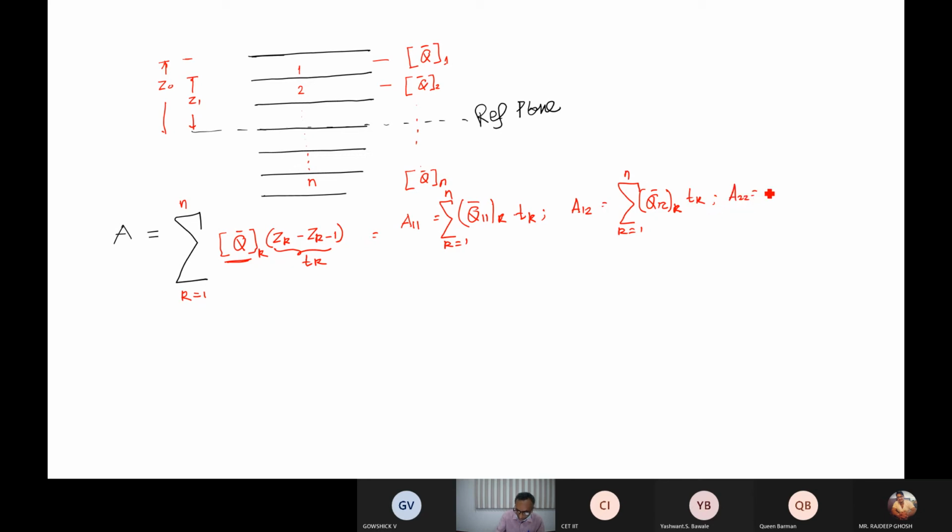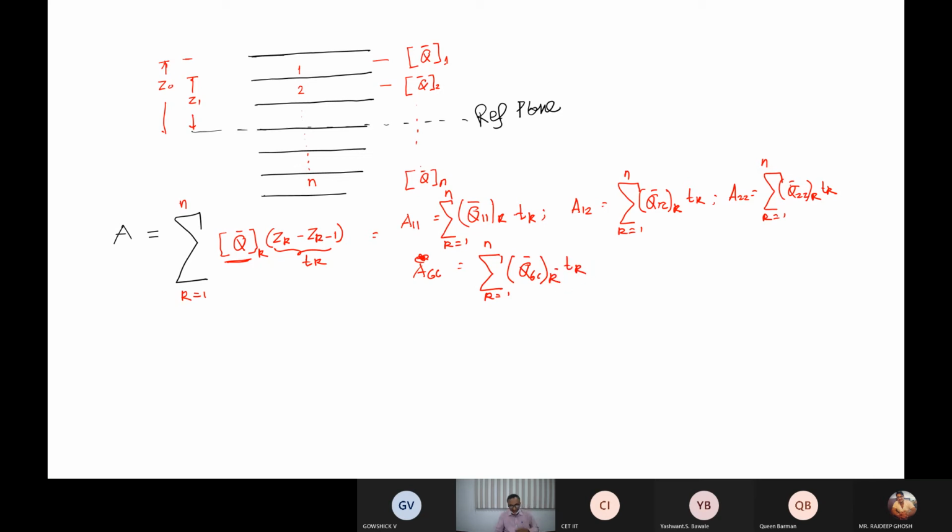Similarly, A22 is the sum over k from 1 to N of Q22 bar k into Tk, and A66 is the sum over k from 1 to N of Q66 bar for the kth layer into Tk.